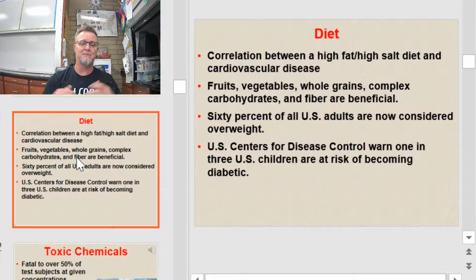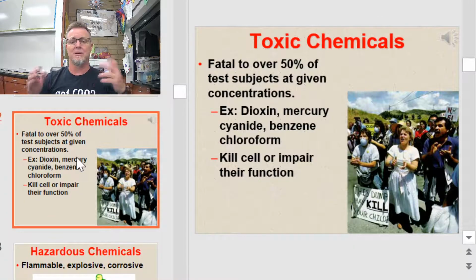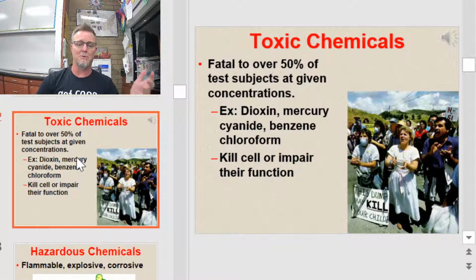Now, I'm going to give you some examples of those toxins that I just threw at you by definition on those previous slides. Here we go. So our toxic chemicals, remember, to be toxic, you have to be fatal to over 50% of the test subjects at given concentrations. Here's a list: dioxin, mercury, cyanide, benzene, chloroform. All of these can kill or impair an individual.